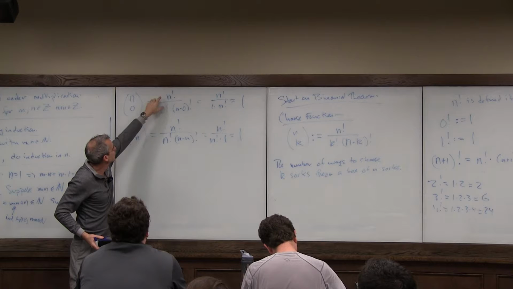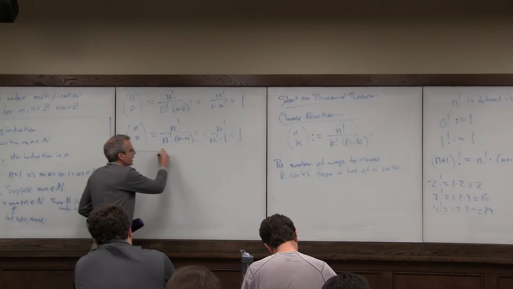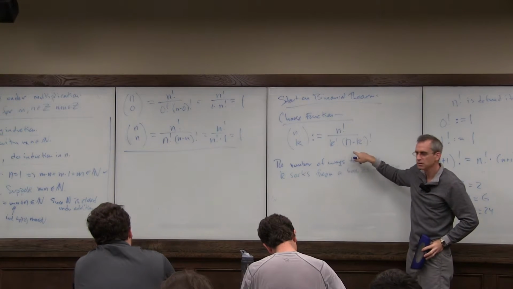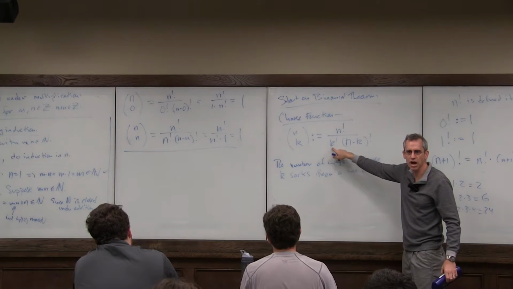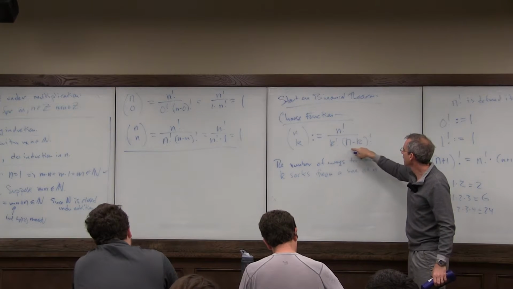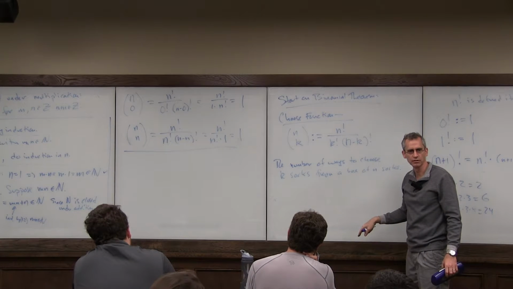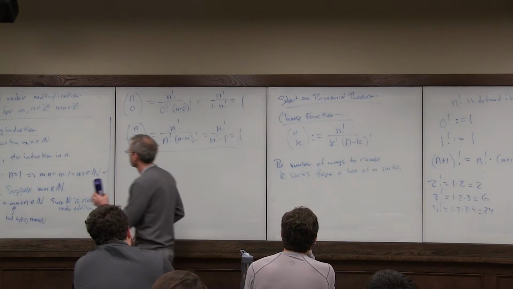You have the same thing in the numerator and basically the same thing in the denominator. That's true because as k counts upward from 0 to n, n minus k counts downward. So you see some reflective action going on there.